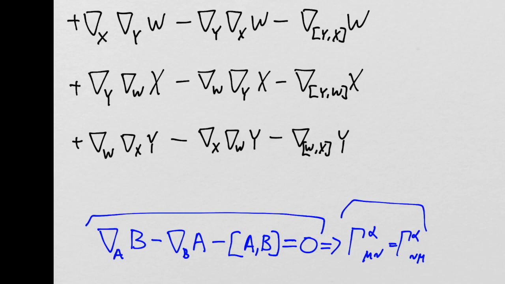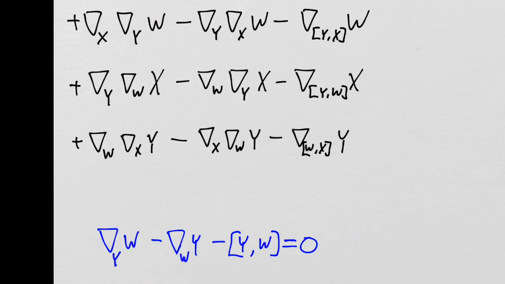So you can almost see how this is going to work, right? I can definitely look at, say this guy here, the covariant derivative in the direction y of the vector w. Let me write this for these variables. So here's what that expression looks like.